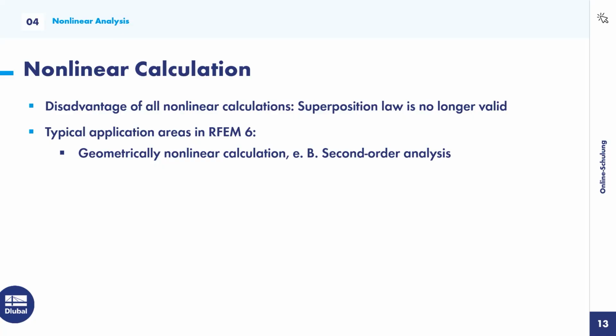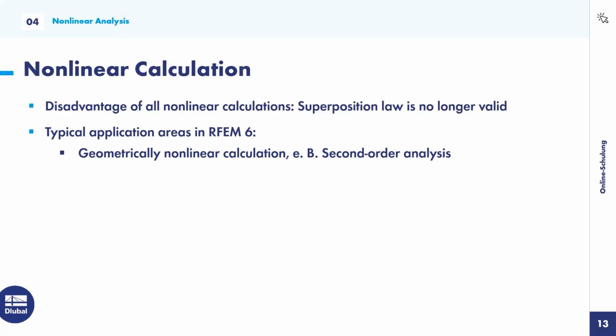That means if we have a geometrically linear system, we will apply a loading to a structure, and the internal forces will be calculated for the undeformed system. So we only need to solve the equation system one time.